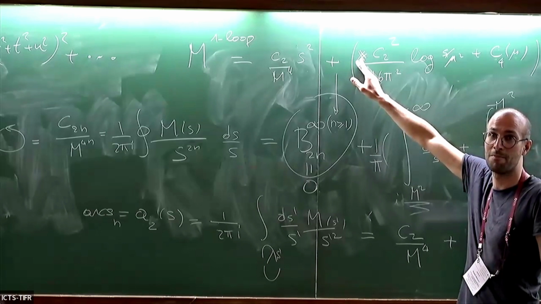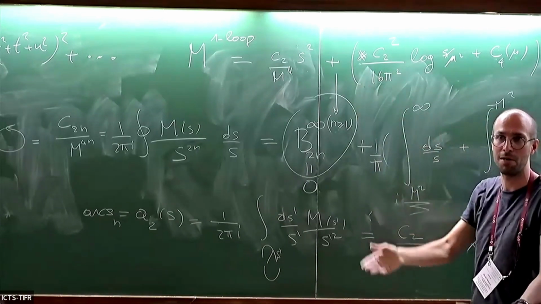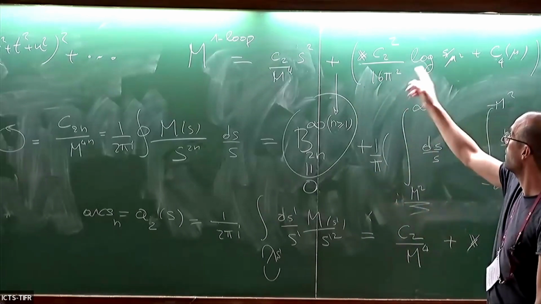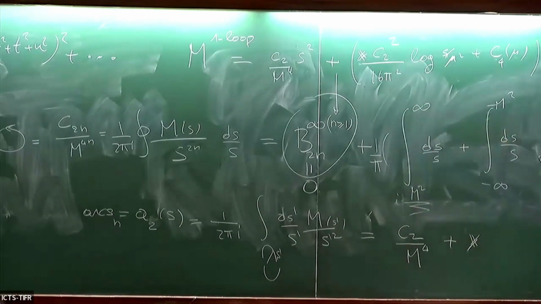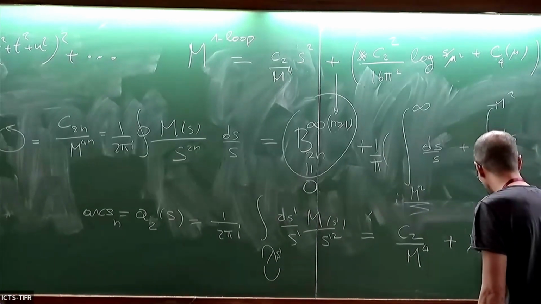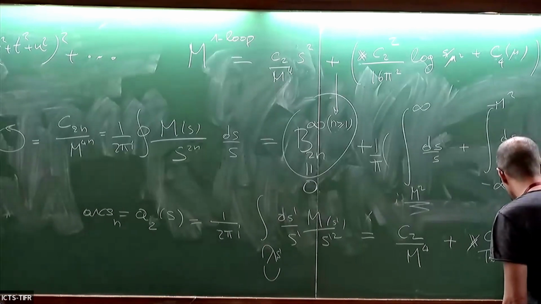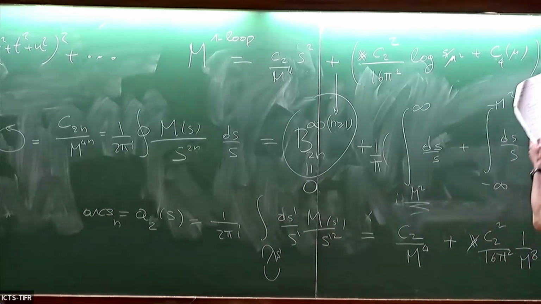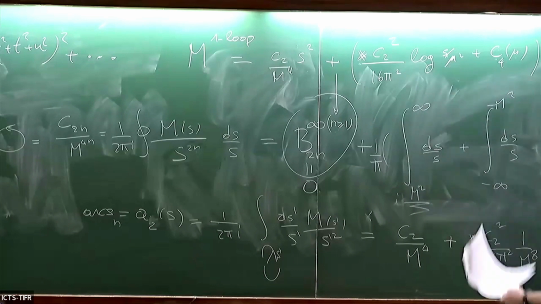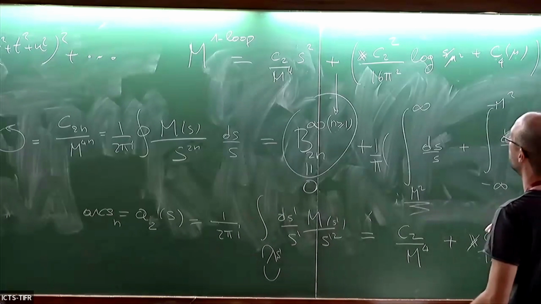It's going to be minus 7 over 10, an order one negative number, consistent with the fact that it has to go in a certain direction. So you get c2 squared over 16 pi squared, m to the 8. Then you get the pi from the discontinuity of the log.